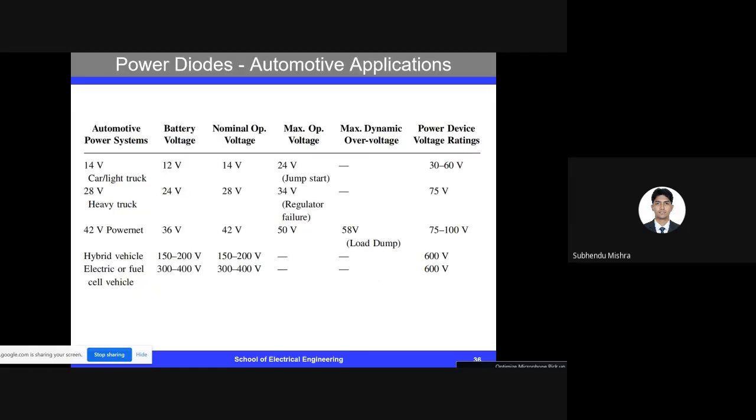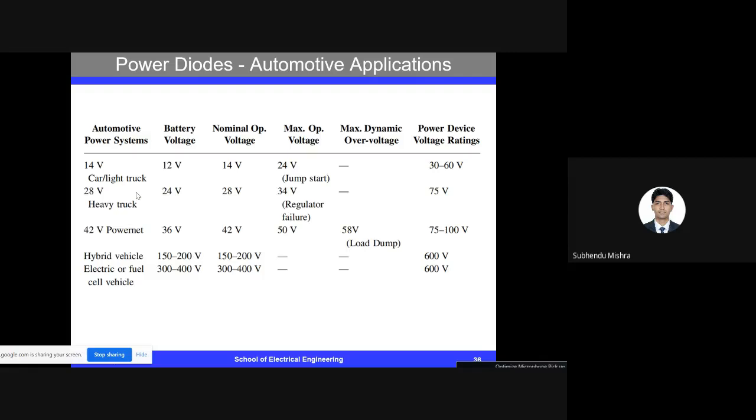Okay. So now just an example in the automobile industry. You already know that the cars have a 14 volt DC system, and they have a battery voltage of 12 volts, and the power rating in these devices is around 30 to 60 volts.